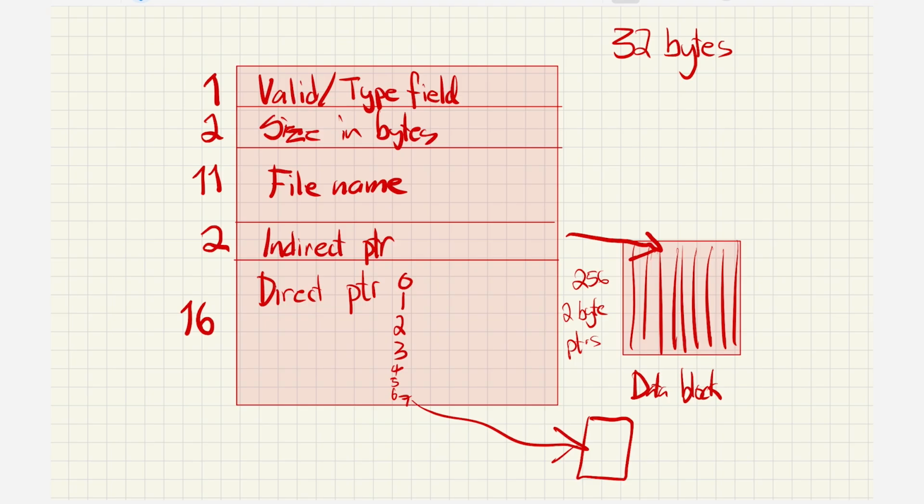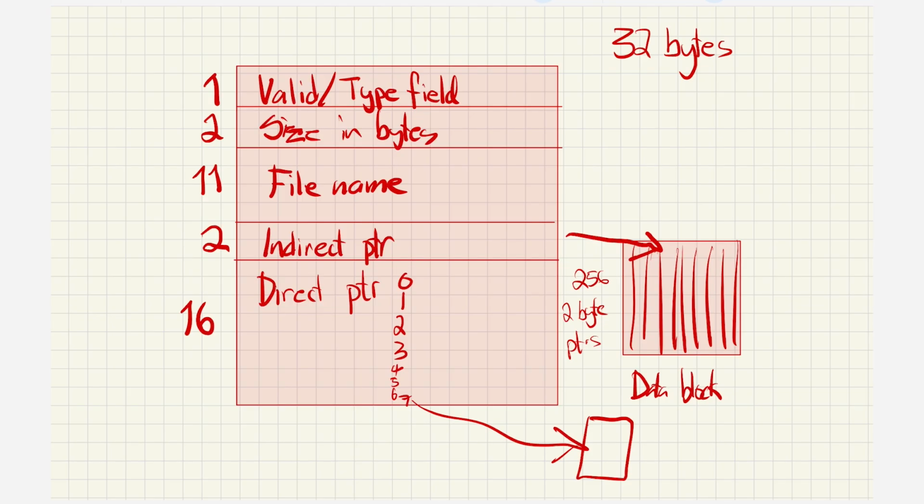So the only limitation is basically the size field right here. Since it's a 2-byte field, it will be 65,000 different combinations, and thus 64K approximately in size.